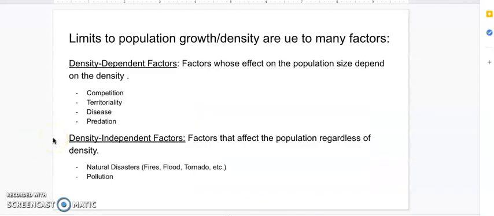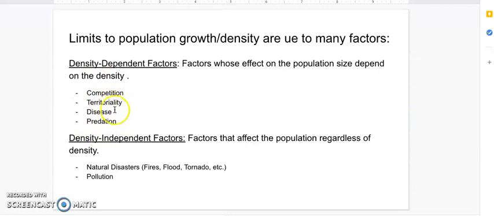Limits to population growth and density are due to many factors. So we have density-dependent factors and density-independent factors. So what can alter the density of a certain population, right? Density-dependent factors are things like competition, disease, predation, territoriality. So these are all dependent on how dense that area is, right?